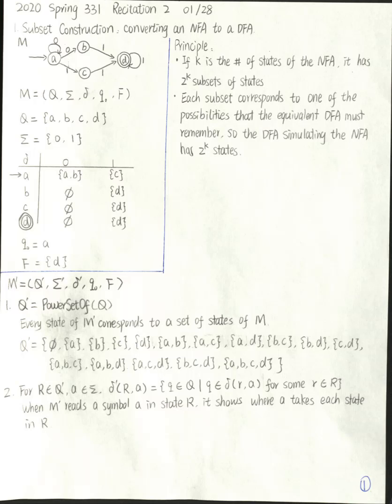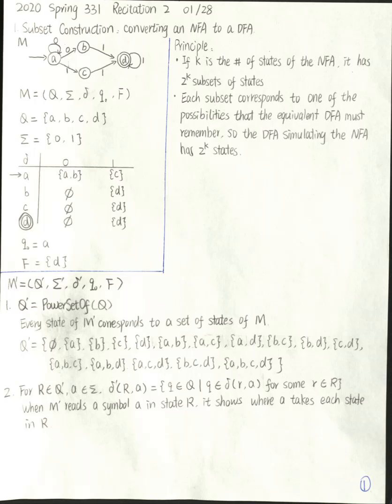In this case, M has 4 states, so in principle, we should have 2 to the 4, 16 states for this equivalent DFA. Each subset corresponds to one of the possibilities the equivalent DFA must remember. So the DFA simulating the NFA has 2 to the k states, and we say this Q prime equals the power set of Q. Remember, the power set of Q is all the subsets of Q.